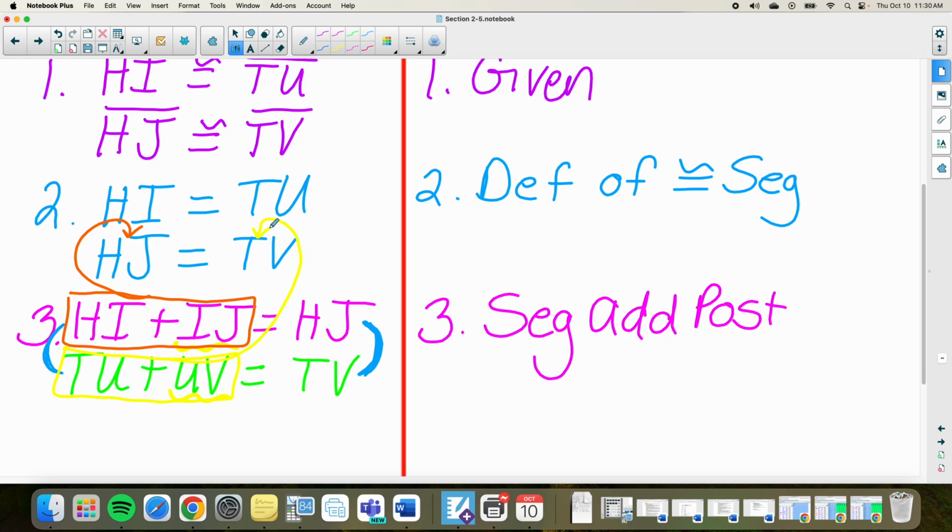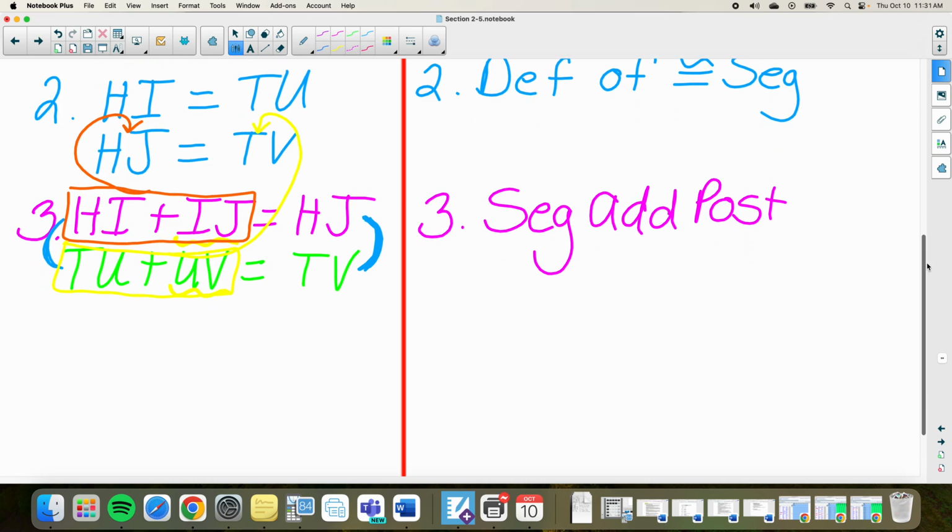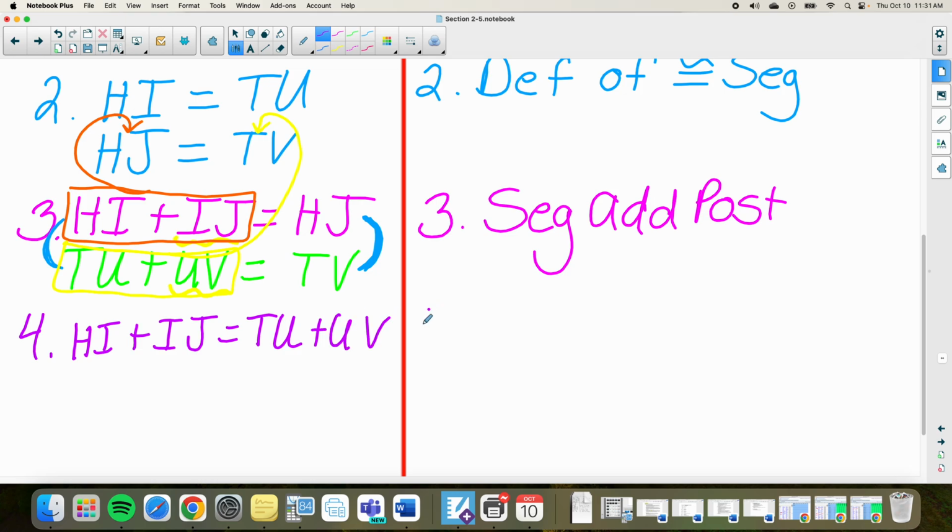And that is substitution. So let's write that out. We put the orange box first. So we're gonna say HI plus IJ equals TU plus UV. Okay, and we use substitution there.